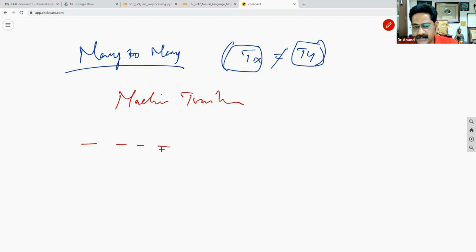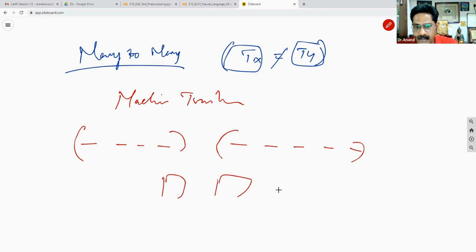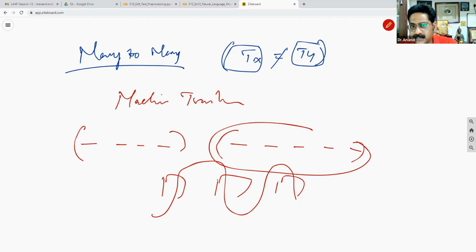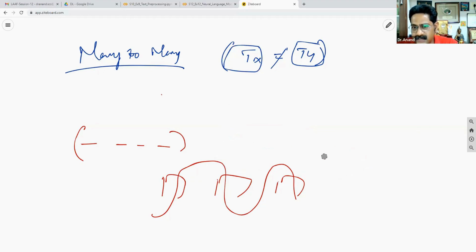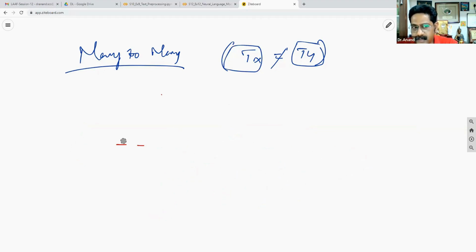I have an English sentence, but my output is a French sentence or a German sentence. This also comes under many to many, but unlike the earlier model, I cannot train like this. First I have to make my model understand the flow of my English sentence, then for this flow, what is the corresponding translation? So this is a special case, whenever your input sequence and output sequence representations are different.